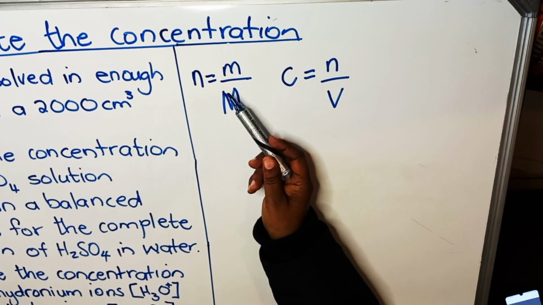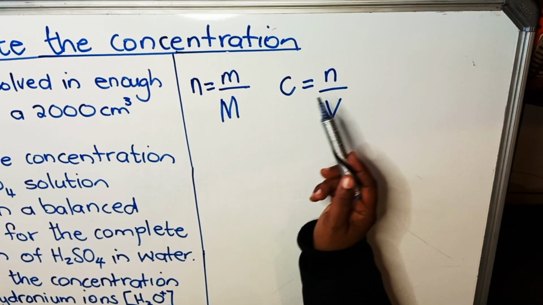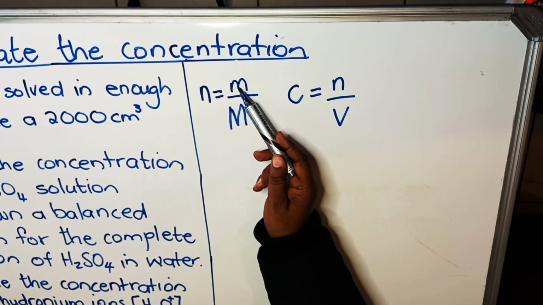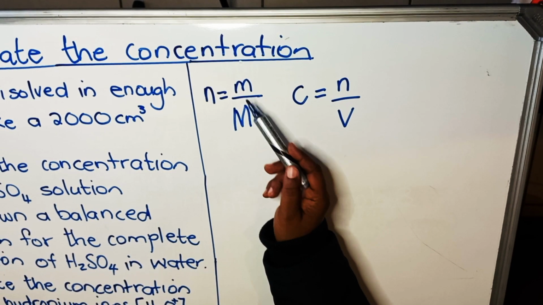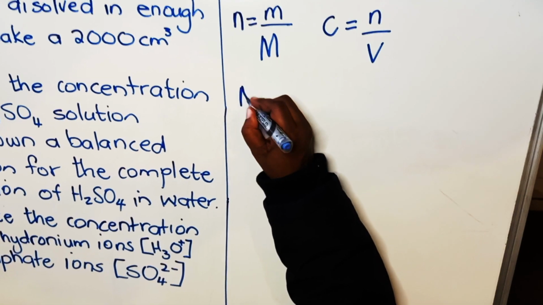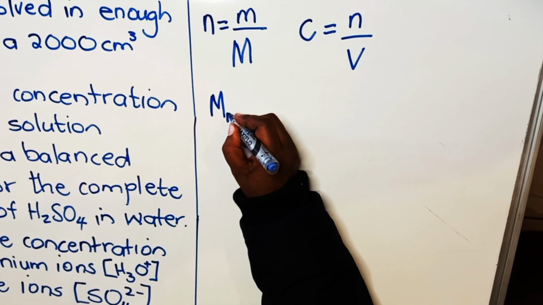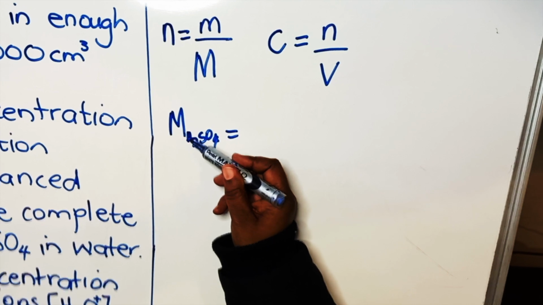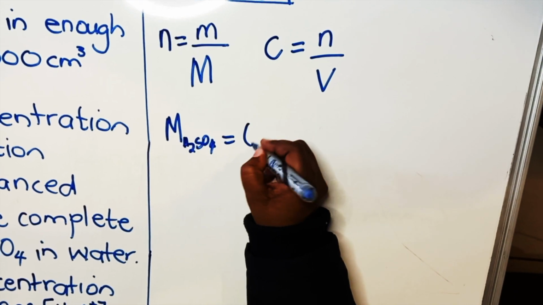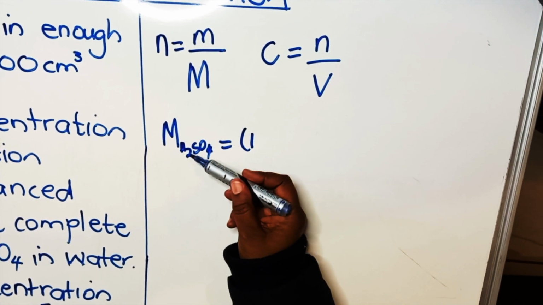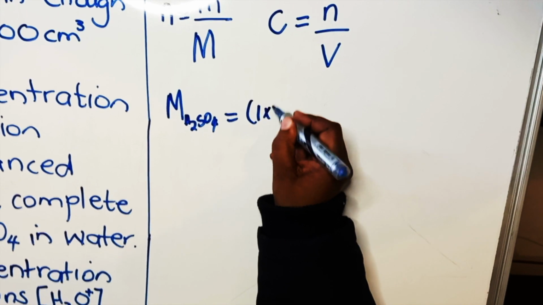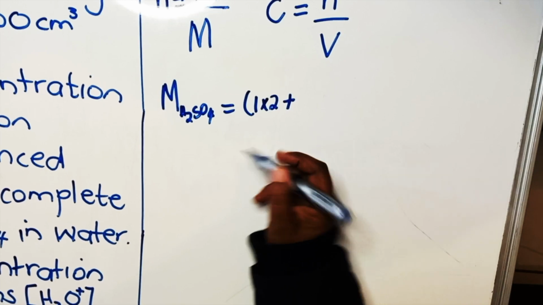Okay, for us to be able to calculate the number of moles that we're going to use to calculate the concentration, we need the mass, which we are given is 19 grams, and the molar mass. Molar mass for sulfuric acid, H2SO4. When you look at your periodic table, hydrogen is 1. But there are 2 of them in H2SO4, so it's 1 times 2, plus sulfur.